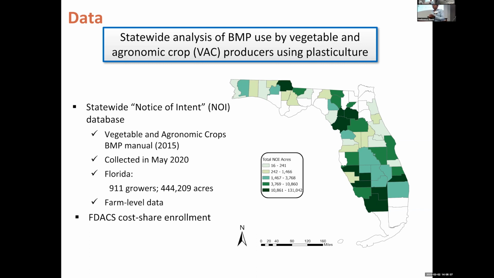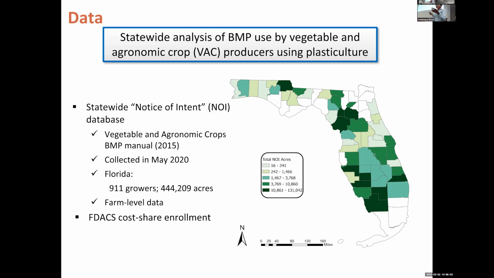My understanding is there are still participants who are using that manual. FDACS is working on transitioning those from the 2008 manual into the 2015 manual, but there's no way for us to connect the two because the BMPs are different. So I'm using the largest, most recent, and where we have the most coverage.